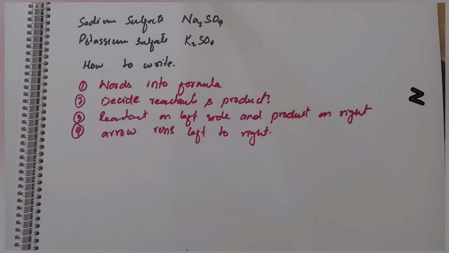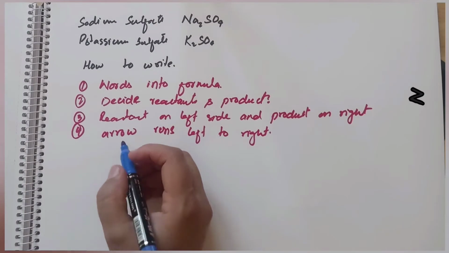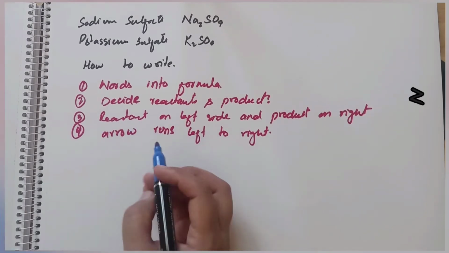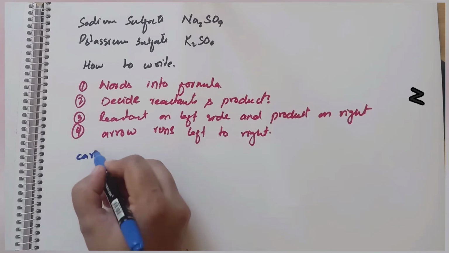Is it clear? For example, we have a description like this.